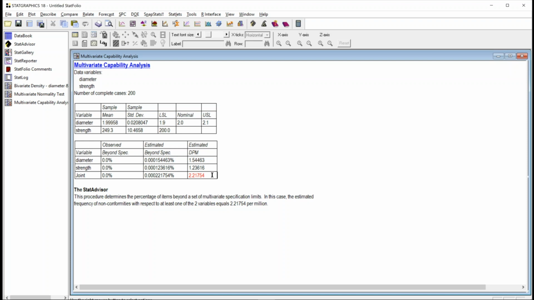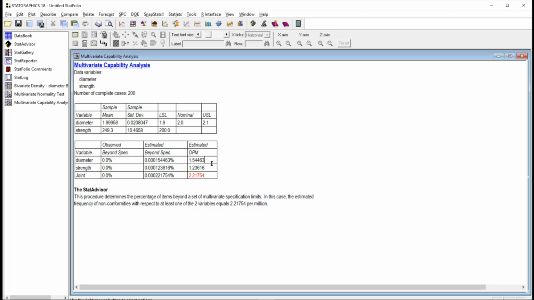You'll notice the joint estimate is quite a bit smaller than the sum of the individual estimates for diameter and strength. That's due to the strong positive correlation between diameter and strength. There's a reasonably high probability that if a unit is out of spec with diameter, it will also be out of spec with strength, both at the same time.